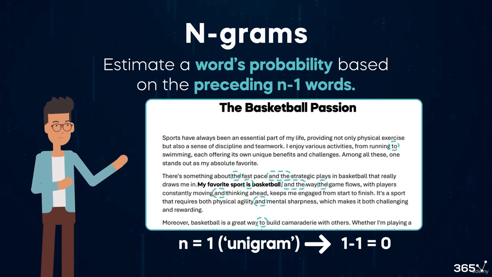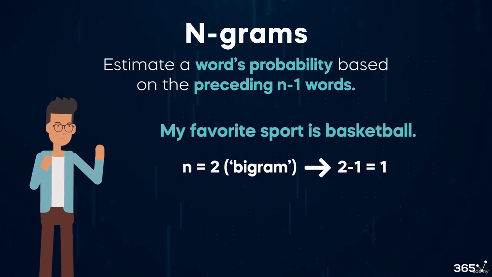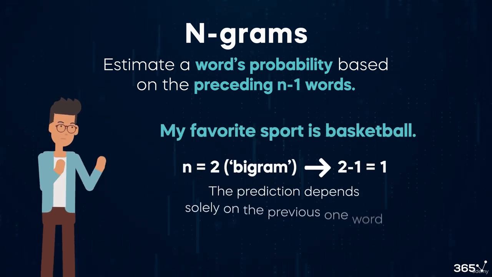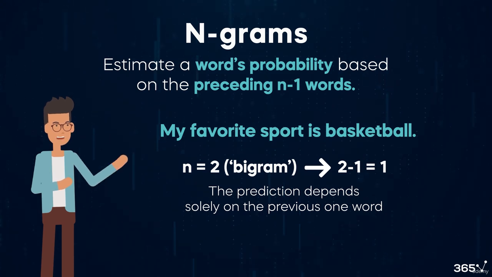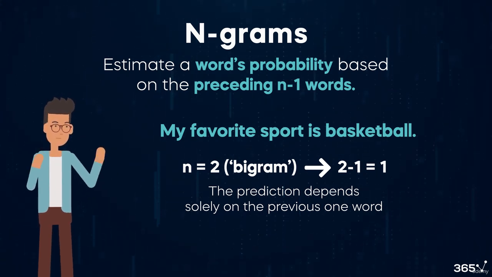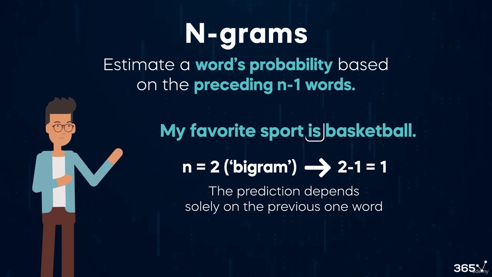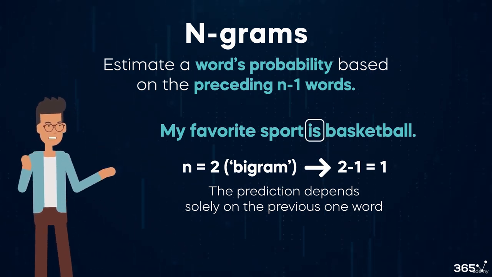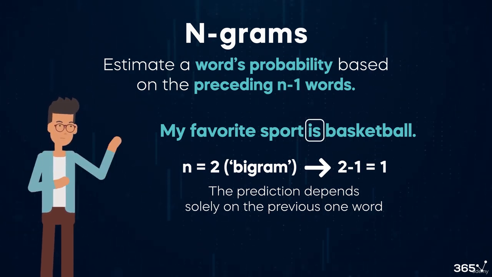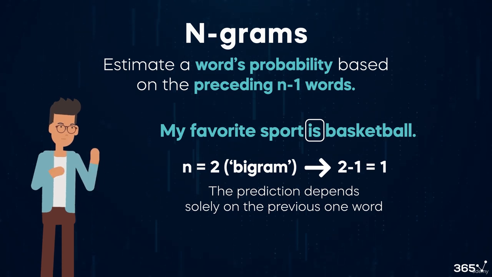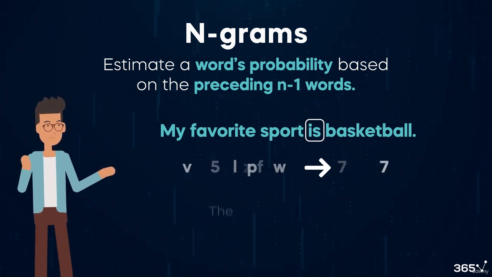words in the sentence. But if n equals 2, called a bigram, the prediction of basketball depends solely on the previous one word. In "my favorite sport is," we focus on "is" to analyze the frequency of all subsequent words in the training data. The same goes for a trigram.